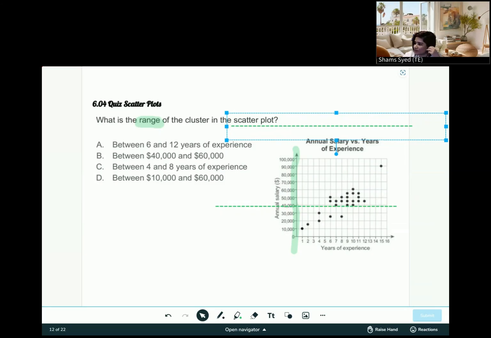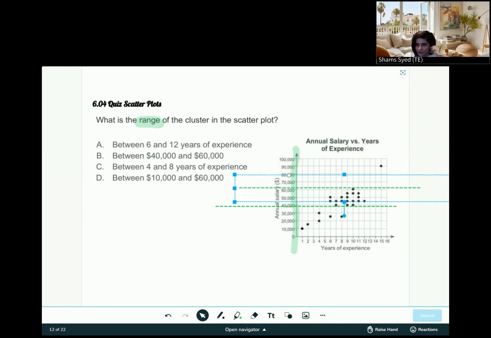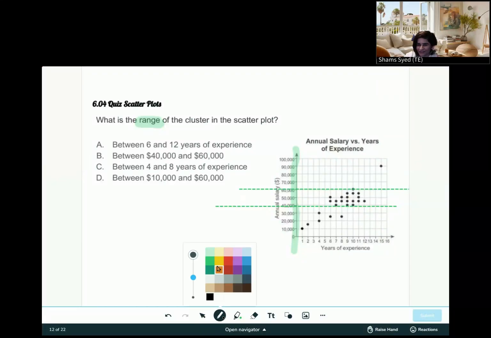No, don't look at all the points. And Bryson, the points that are just not in the cluster are called outliers. They will skew the data if you take them into account. We try to look at clusters because that gives us more good information. Notice most of the dots lie between these two numbers, 40 and 60 on the graph.